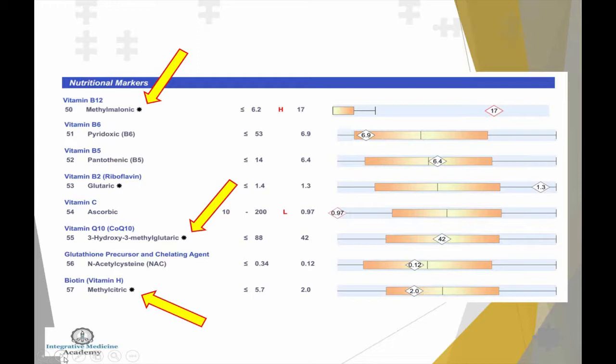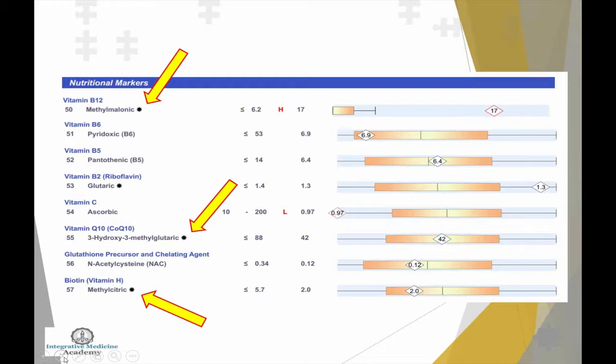51, 52, 54, and 56 are more direct. Okay, so generally what you're looking at is when the levels are low, that indicates a greater need for that nutrient. Don't see elevations of methylmalonic, at least I don't personally, all that often.